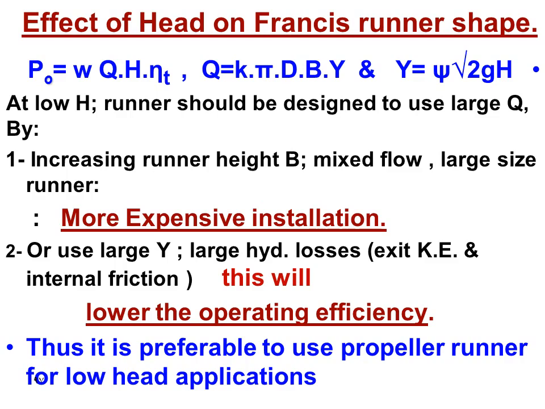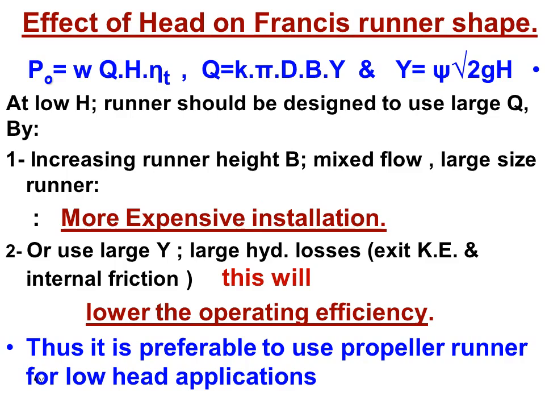If we want to design a runner that can work under low head, you have to design it to use a large flow rate. From the equation of flow rate, in order to increase Q, you have either to increase breadth or to increase Y for the same size D.